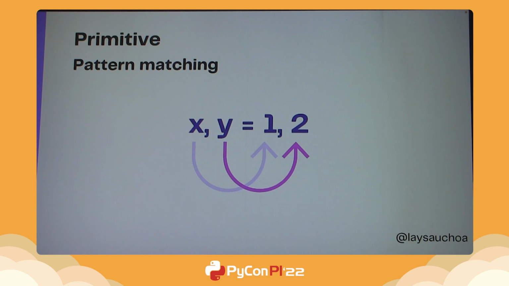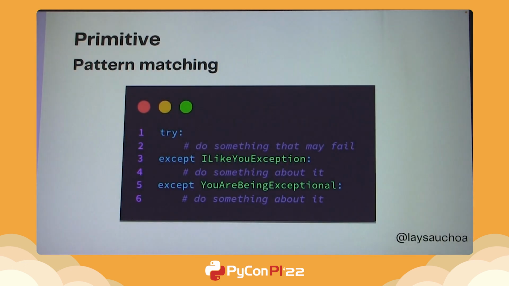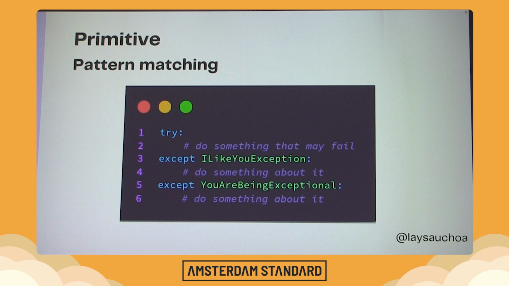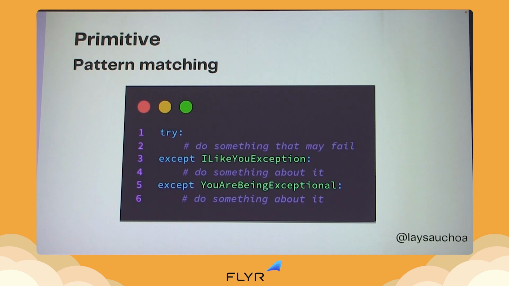If you think about it, you may find try and except. It was a little bit already what pattern matching is. You have a try, and you can have several exceptions, and if one of those exceptions is caught, you would go there. So you would try something, and otherwise you would go to the exceptions and try to find one there. This was some sort of primitive pattern matching.